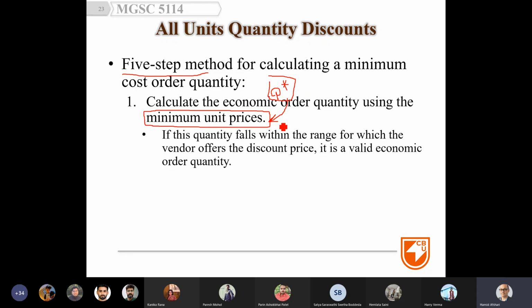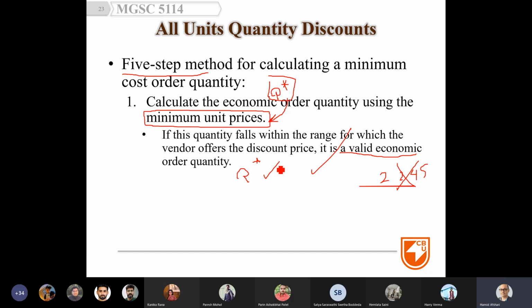After you calculate economic order quantity for the lowest price or for the maximum discount, if you found that the economic order quantity is valid, you are done. You don't need to go to step number 2, 3, 4, and 5. If you found that economic order quantity or Q star is valid, you are done.